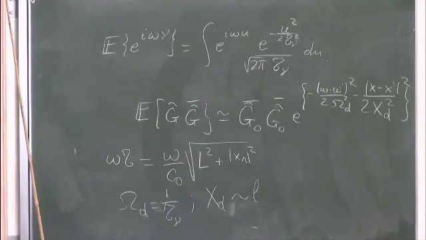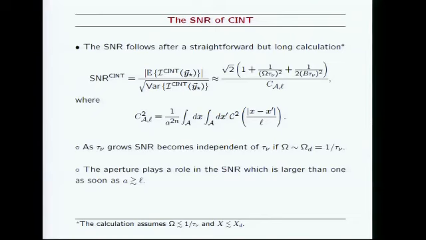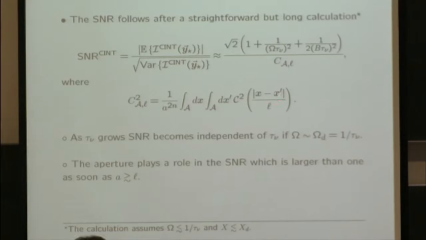This expression shows how the signal-to-noise ratio depends on the parameter omega, which determines the size of the window used in coherent interferometry. We saw that from the point of view of focusing, omega the same as omega d looks right. In other words, omega tau mu equal to 1 seems to be the right choice.